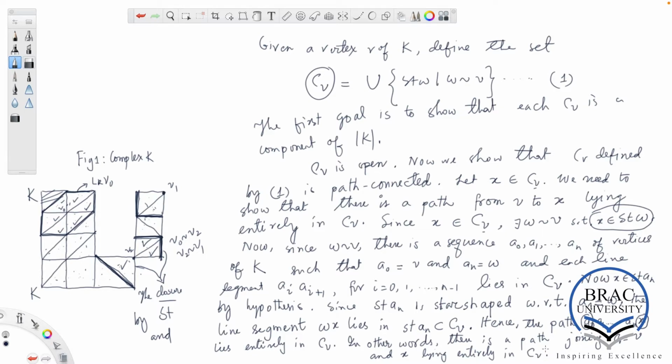This is what we wanted to show. It proves that C sub V is path connected.